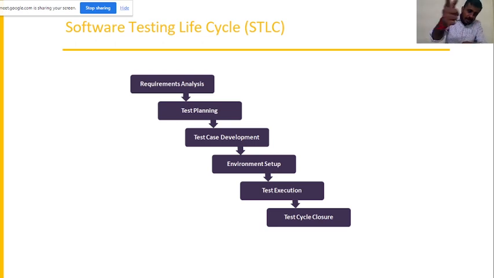You are not supposed to miss even a single step. If you are completing all the steps, then you can come to the conclusion, yes, I have tested the software product. Understood, Pooja and Manasa? Yes, sir.